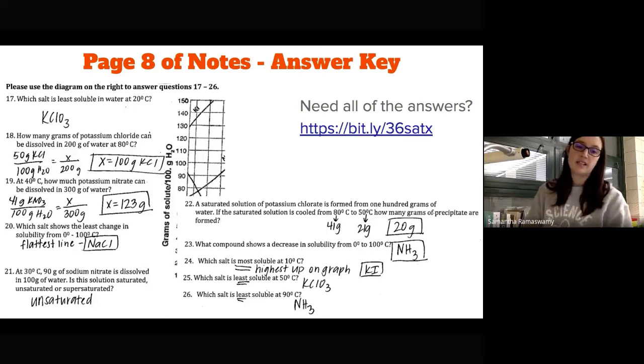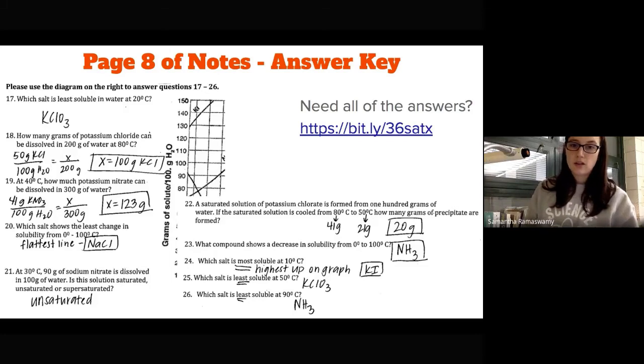When you're looking at, is it saturated, unsaturated, or supersaturated, you're looking at the conditions that they give you and you're comparing it to the curve. So since 90 grams of sodium nitrate is underneath the curve for sodium nitrate, it's an unsaturated solution. And then 22 through 26, again, are just asking more questions. So when you're cooling something down, you'll have solid precipitate out.